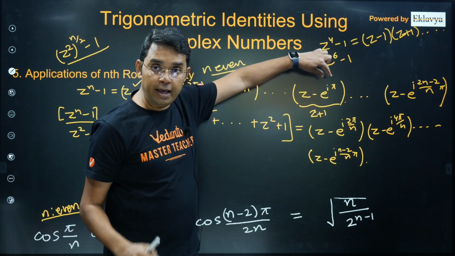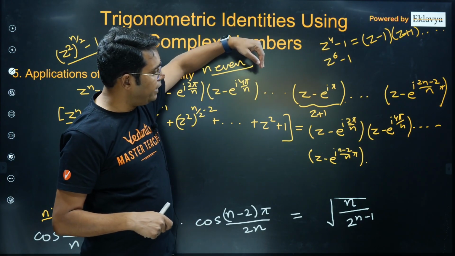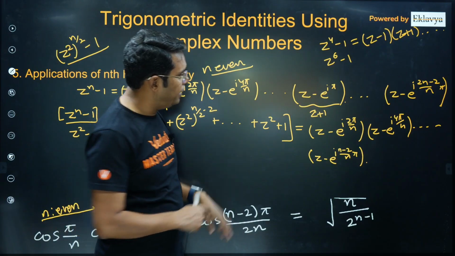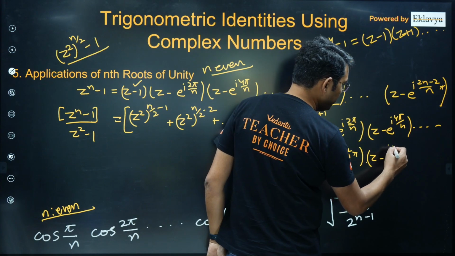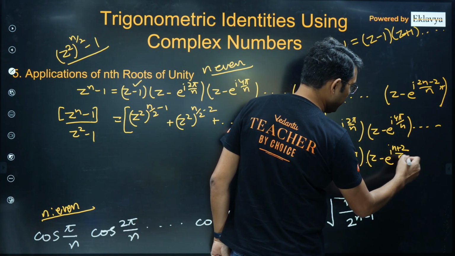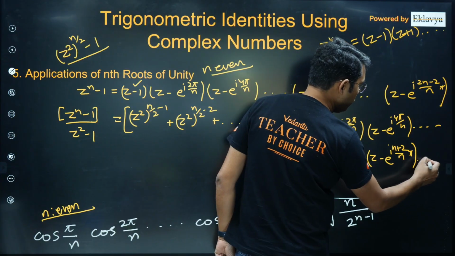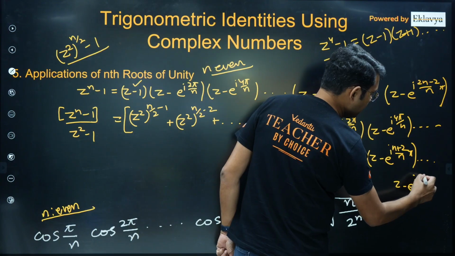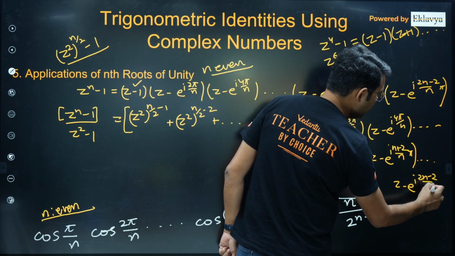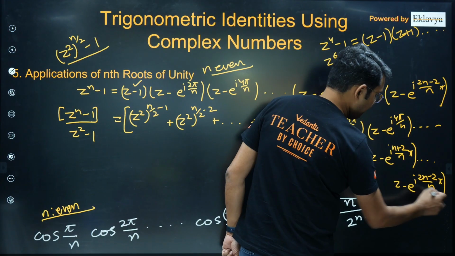This is n upon n, the term before it would have been n minus 2 upon n, and just after that would be z minus e power iota n plus 2 upon n into pi, and so on. And then this last term, z minus e power iota 2n minus 2 upon n into pi.